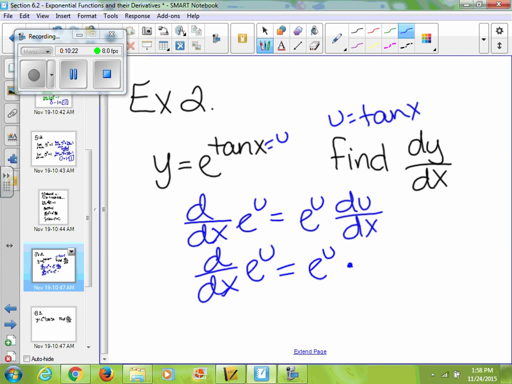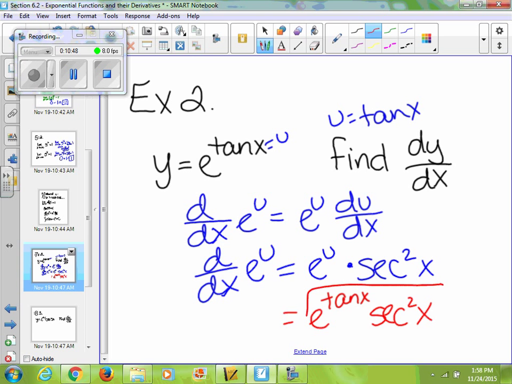Derivative of tangent is secant squared. So I know that du/dx becomes secant squared of x. And then if I just replace my u with what it equaled, I get e to the tangent of x, secant squared of x. That's it. So the derivative of e to the tangent of x is e to the tangent of x times secant squared x.